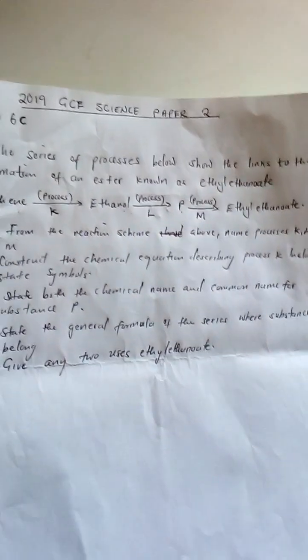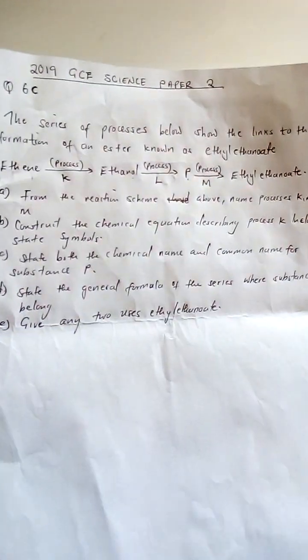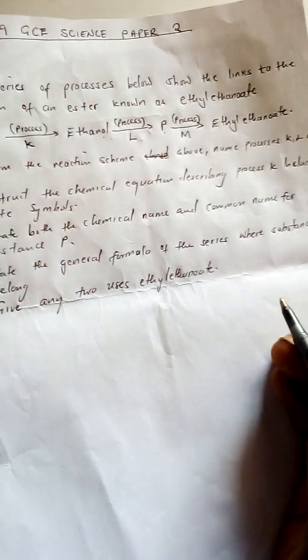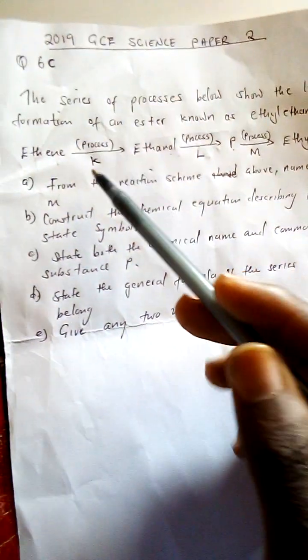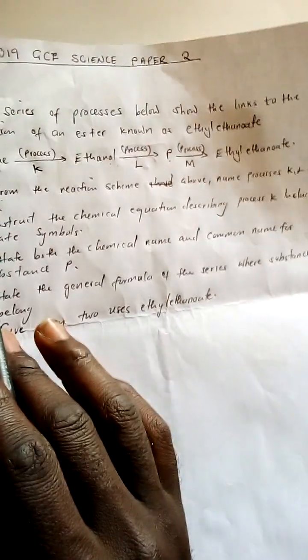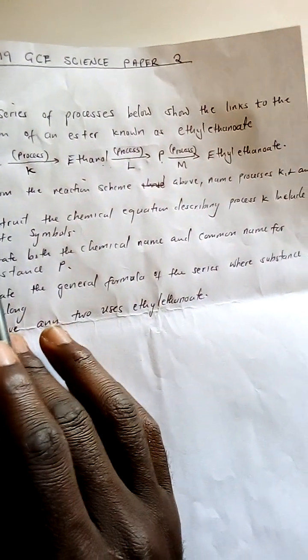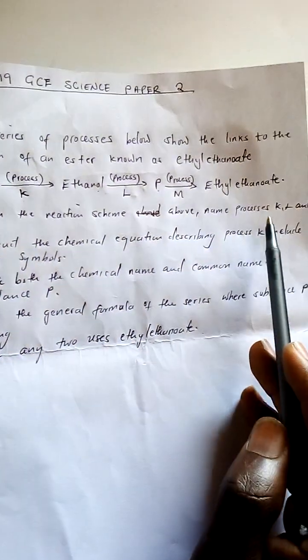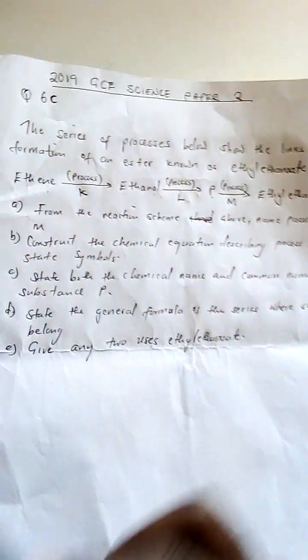I believe we all have an understanding about organic chemistry. Here, question A, they are asking us, from the reaction scheme above, to name the process K, L, and M.